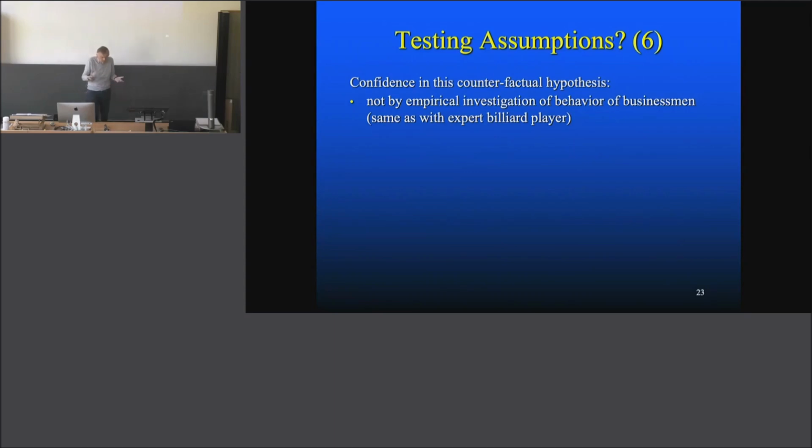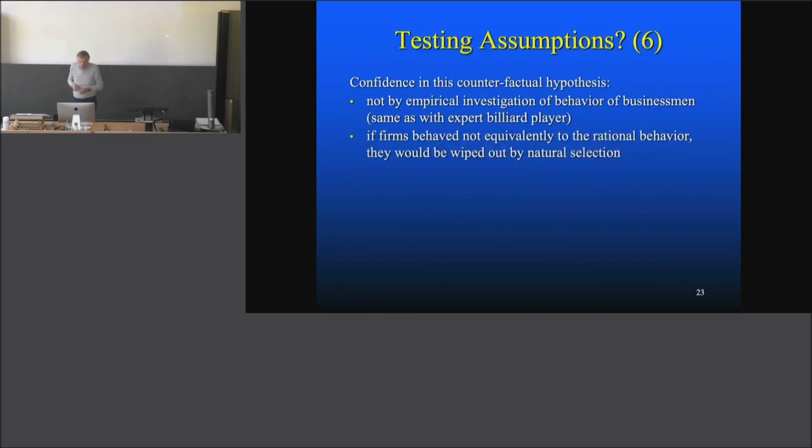You don't empirically investigate in order to come to this conclusion. If firms behaved not equivalently to the rational behavior, they would be wiped out by natural selection. Right? You say, I can replace their actual behavior and their strategies to find out what to do by this rational calculation assumption, although I know it's false. But the point is, this is what's giving the right behavior if that firm has survived on the market.